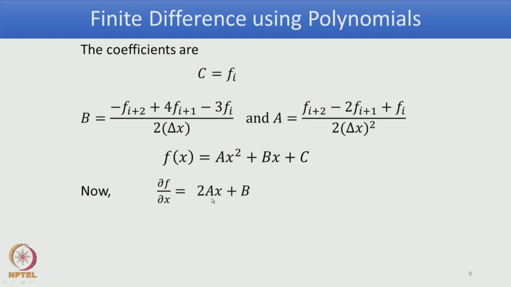Now, substitute for a and b in this expression from the expressions we obtained for the coefficients, and we get dou f by dou x evaluated at x of I. This is our point of interest, and we already defined x of I to be 0. So the first term goes to 0 and we have only b here.